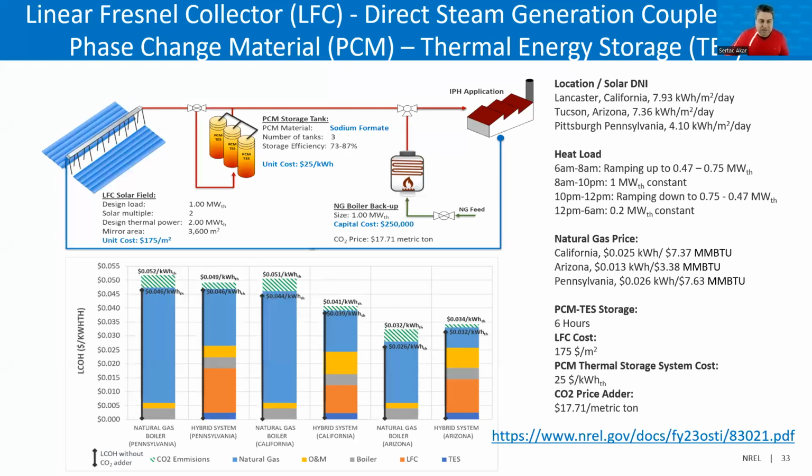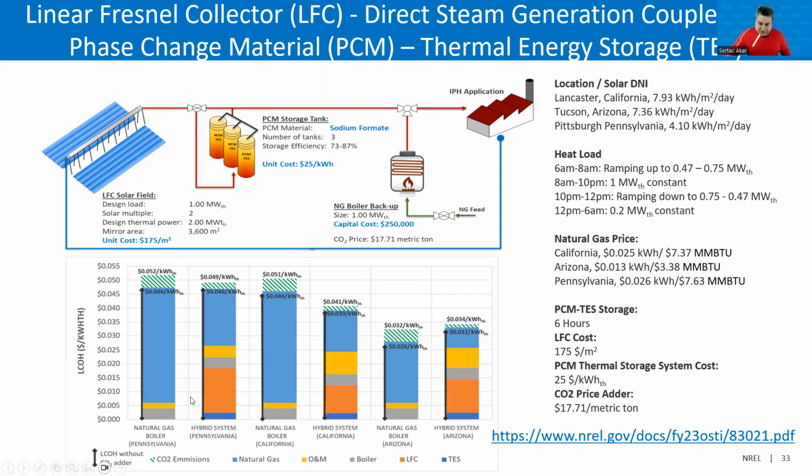And as you can see, solar thermal is very dependent on DNI in different geographic locations. That changes a lot of things. Also, the other thing is the natural gas price in different locations. Like California natural gas price is high, Pennsylvania is higher, Arizona is cheap. Even though Arizona has the highest solar resource, it has the cheapest natural gas.